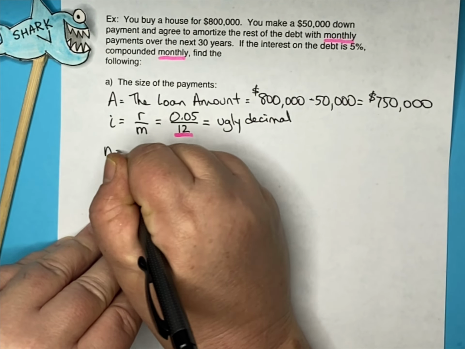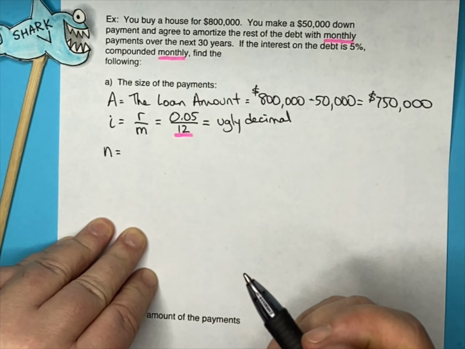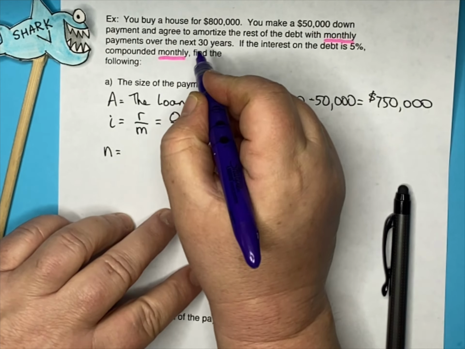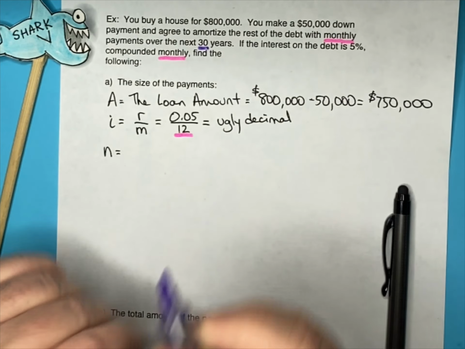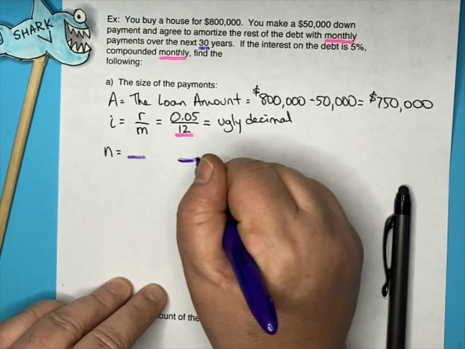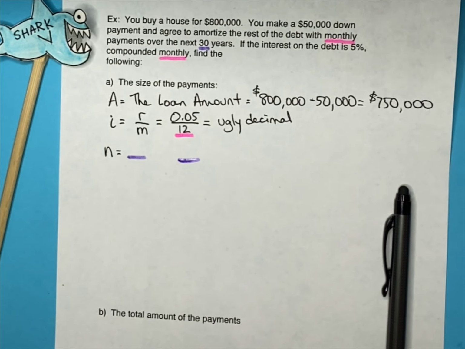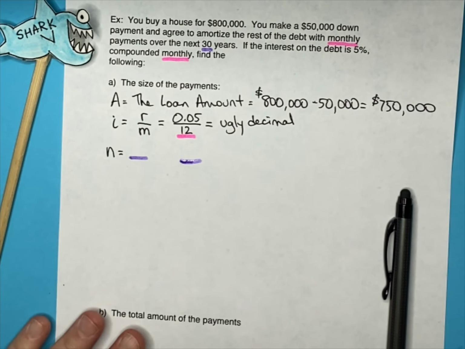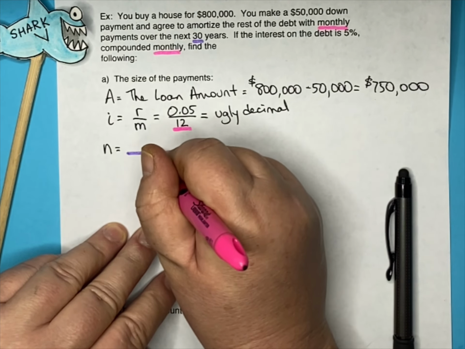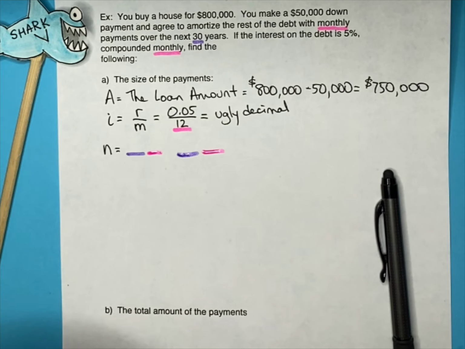Now N, the total number of payments, is going to be 30 years times 12 times per year.